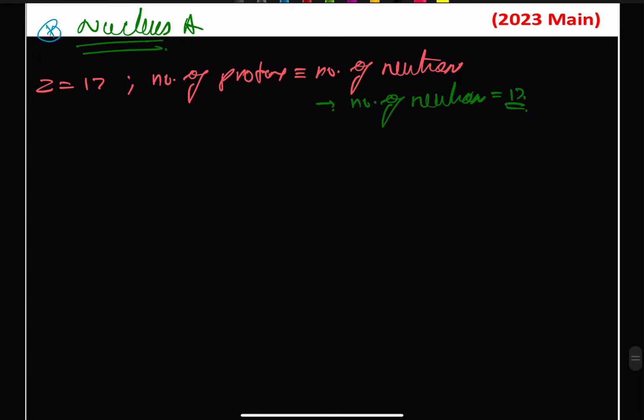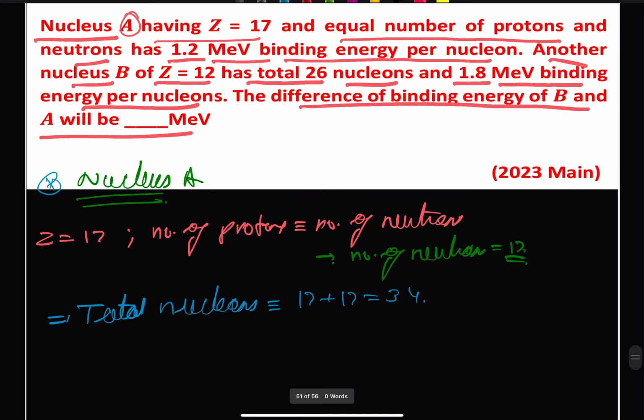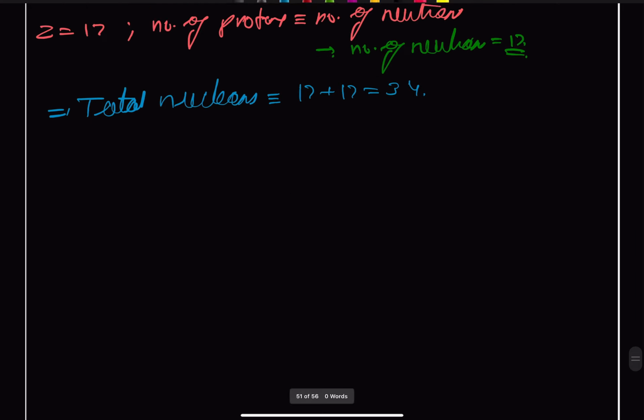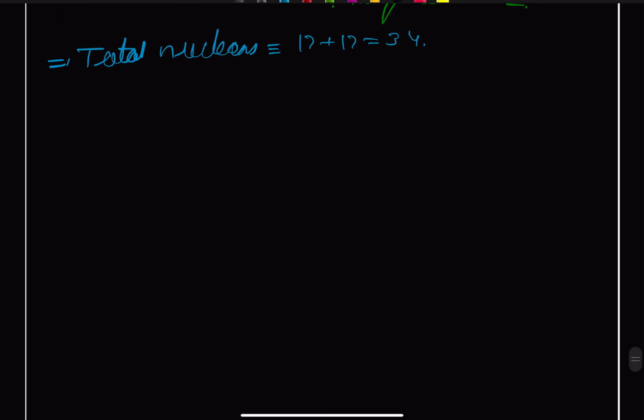So we can write total nucleons will be equal to number of protons plus number of neutrons, that is 17 plus 17 is equal to 34, and binding energy per nucleon is given to us, so we can find out the total binding energy of A.